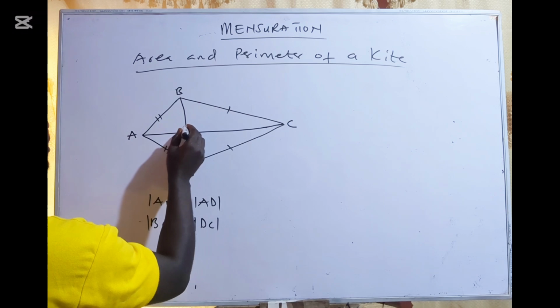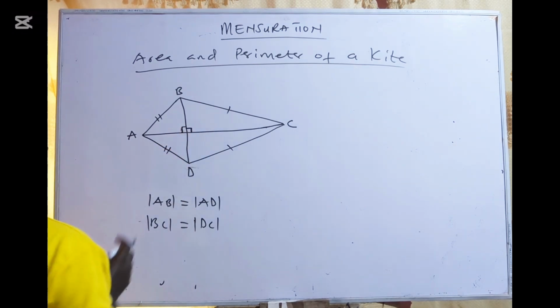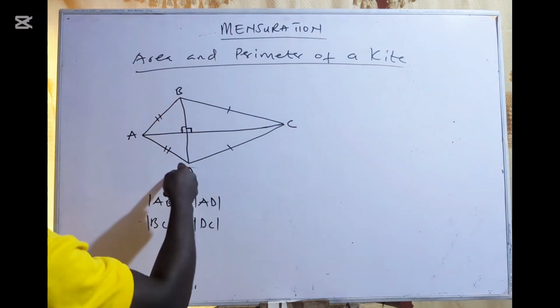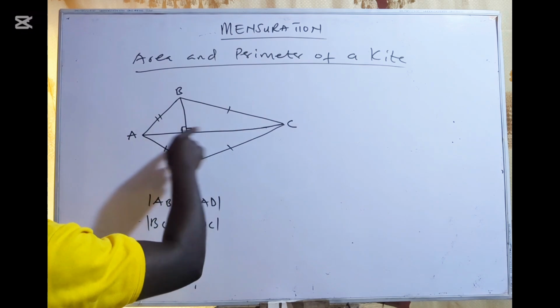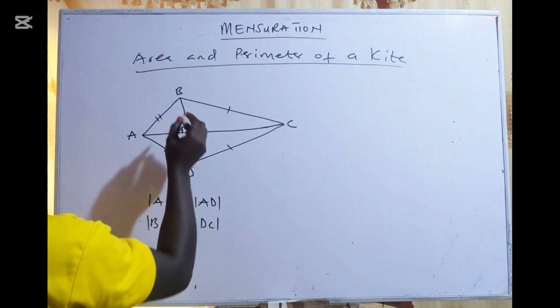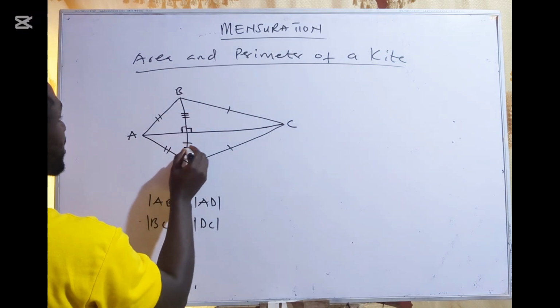The diagonals meet at a right angle, like a rhombus. And one thing you should take note of is that the longer diagonal bisects the shorter diagonal here.